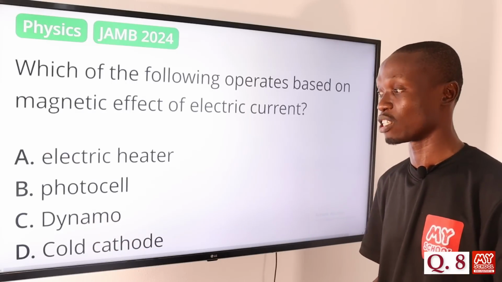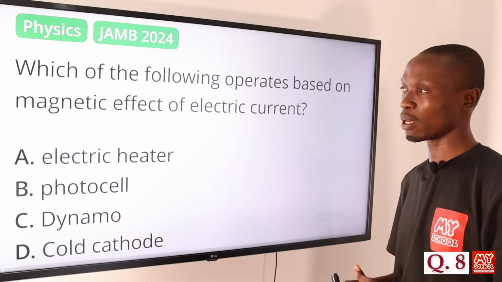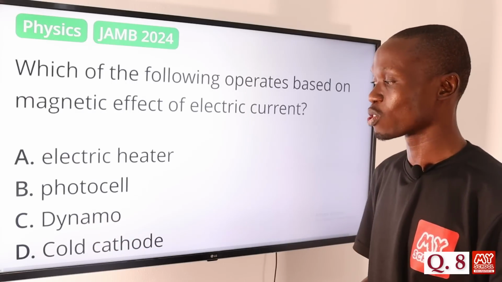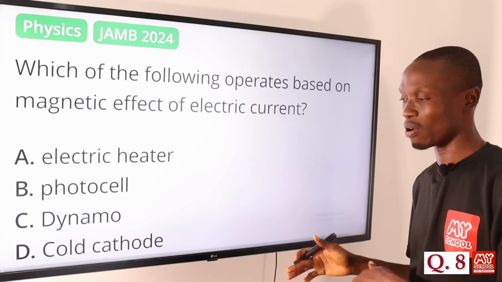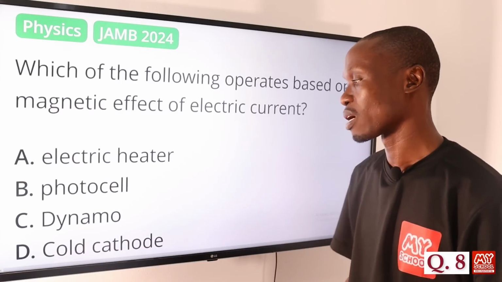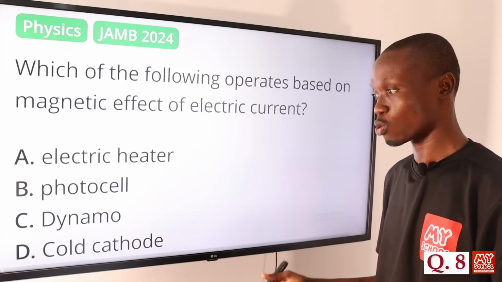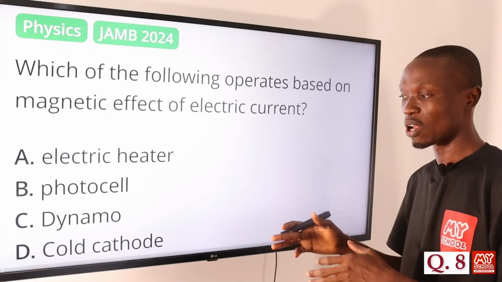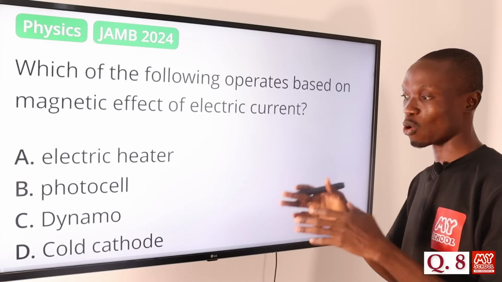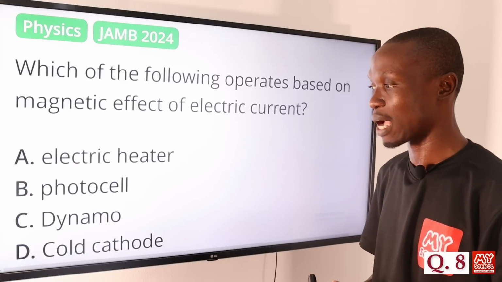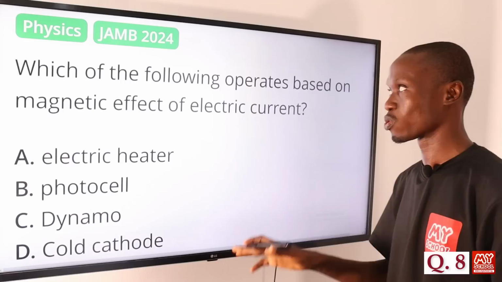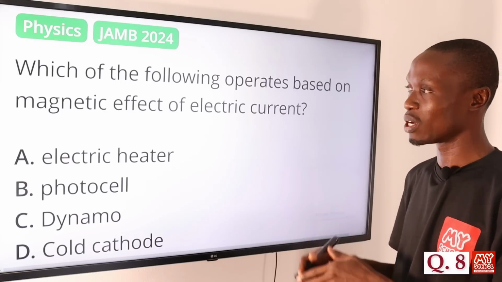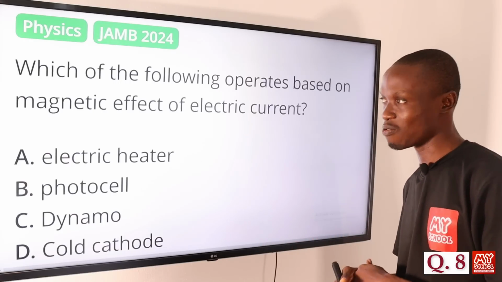A dynamo is a device that generates electricity, which operates based on the magnetic effect of electric current. While option D, cold cathode, is a type of lamp that operates based on the principle of gas discharge. So the answer to this question is dynamo. A dynamo is a device that operates based on the magnetic effect of electric current.